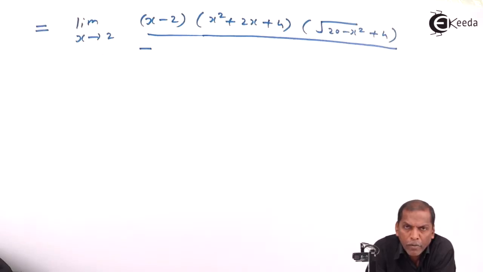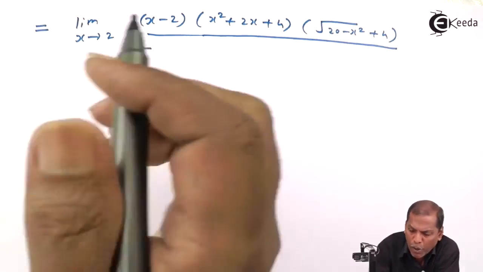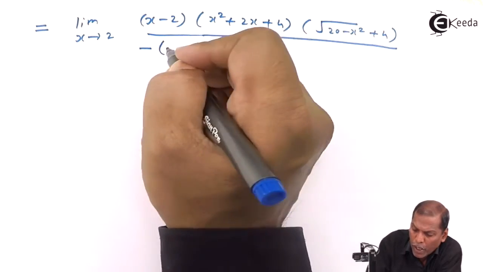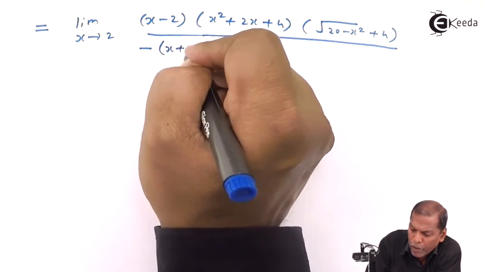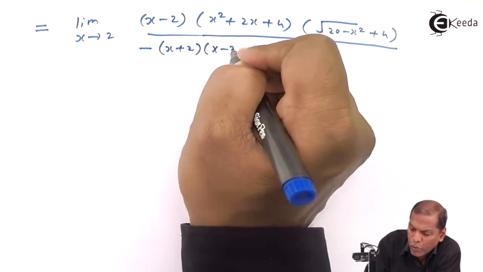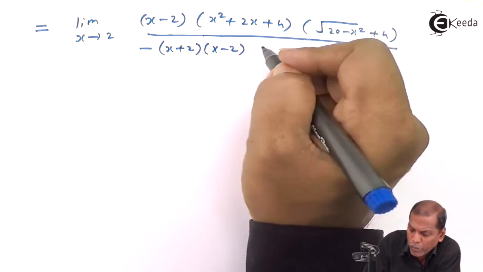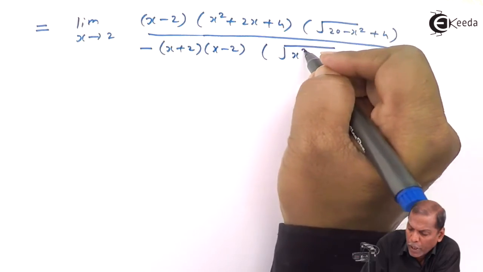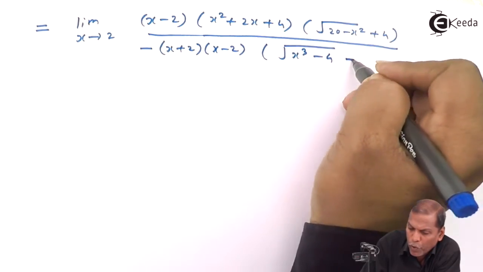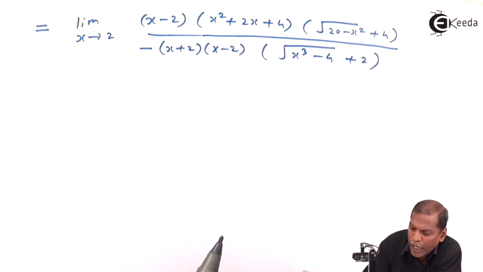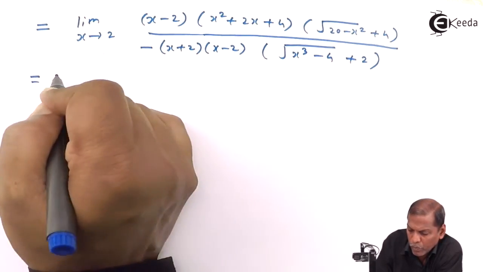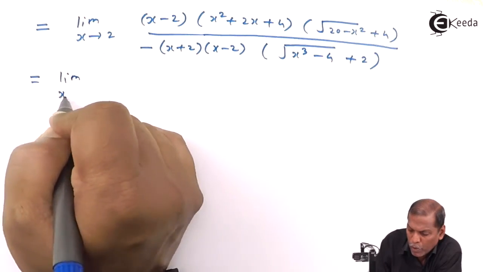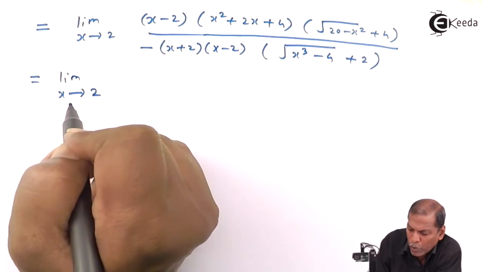Now the bracket x square minus 4 is of the type a square minus b square, giving two factors, x plus 2 and x minus 2, and the next bracket term, square root of x cube minus 4 plus 2, we write as it is. Equal to limit x tends to 2.